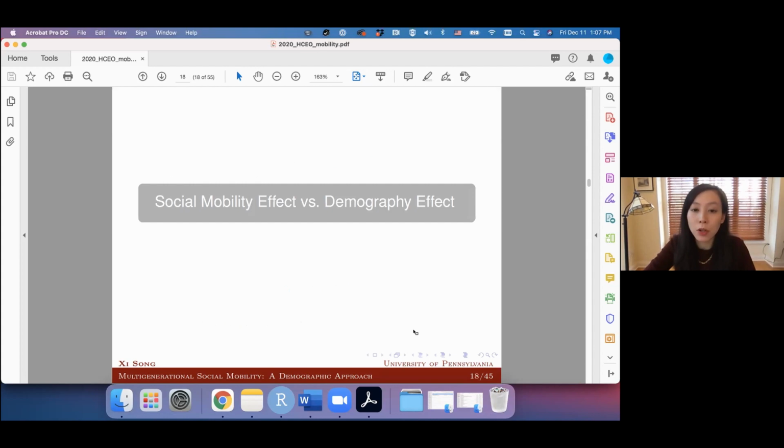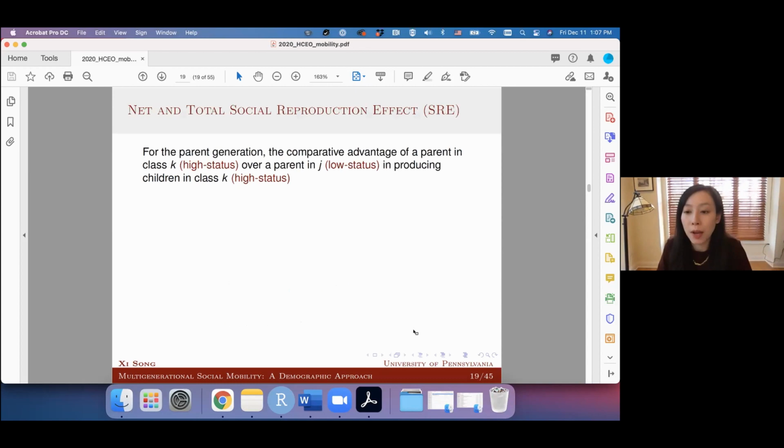Here, I want to show you, based on this model, how we can compare the social mobility effect relative to the demography effect to see which plays a more important role in shaping multi-generational processes of family social reproduction. So I will use a very simple example here.